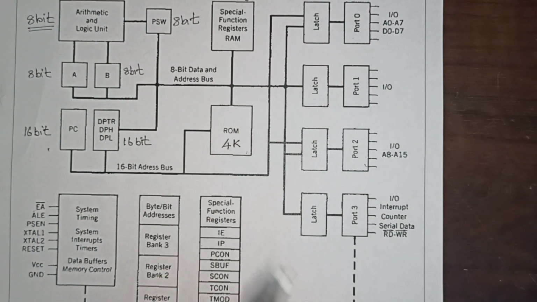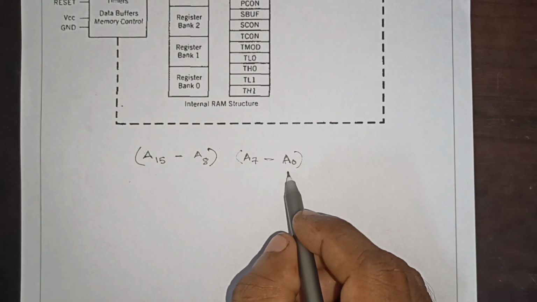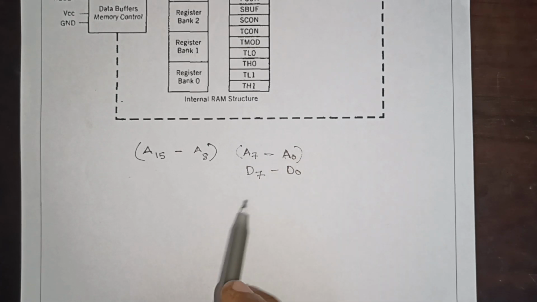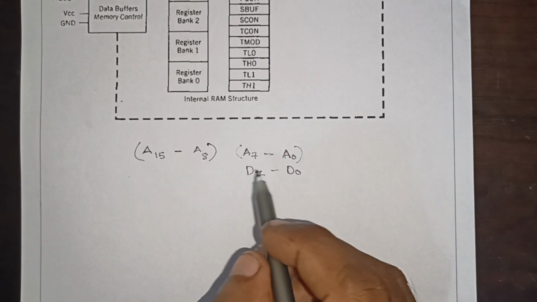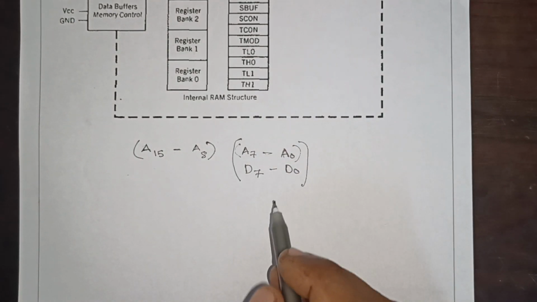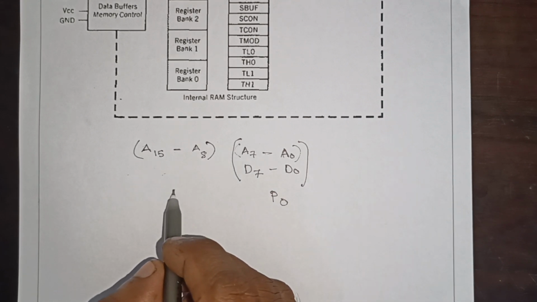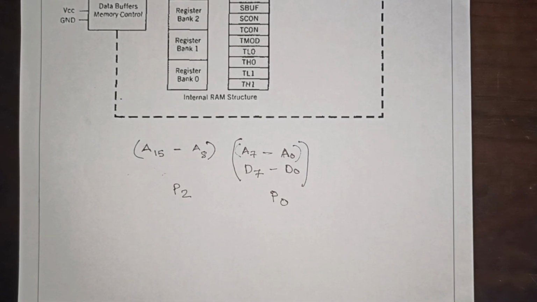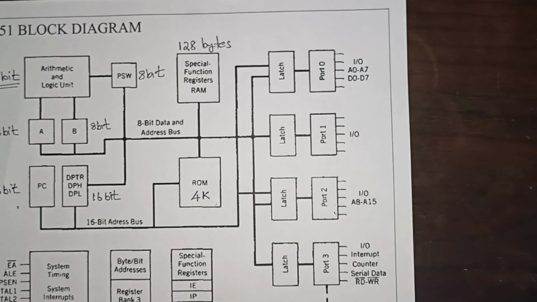Then data, as I have already told you, is always 8-bit, D0 to D7. So one port is needed to carry data. That's why this information is going through port 0 and this information through port 2. Then the next question: why are address and data lines given?